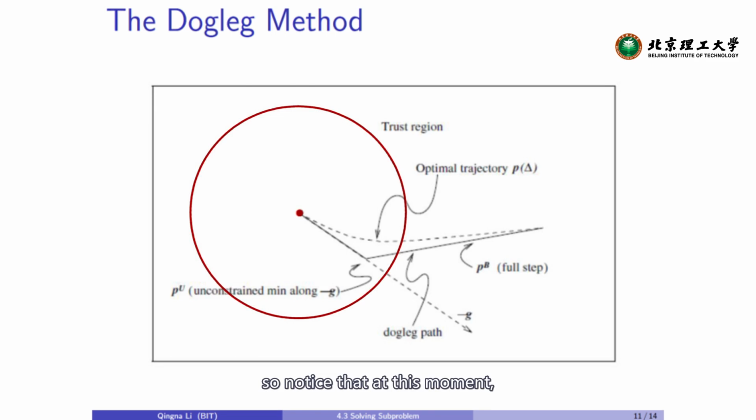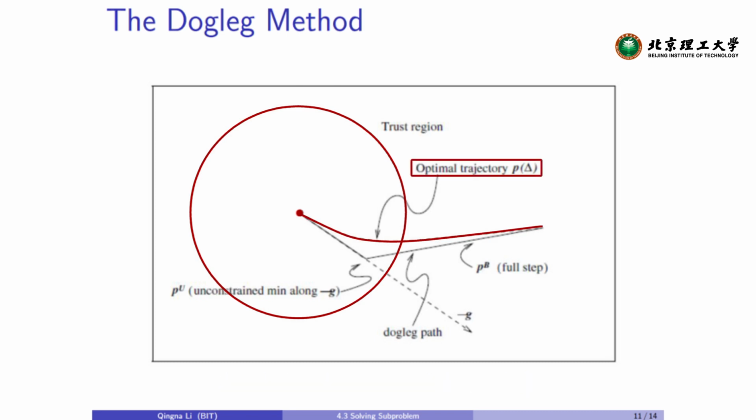Notice that at this moment, we are trying to change the trust region radius delta, okay? For each delta, we find its optimal solution P delta star, and we set them to get this dotted line curve here, okay? So this dotted curve is the P star delta, all right?